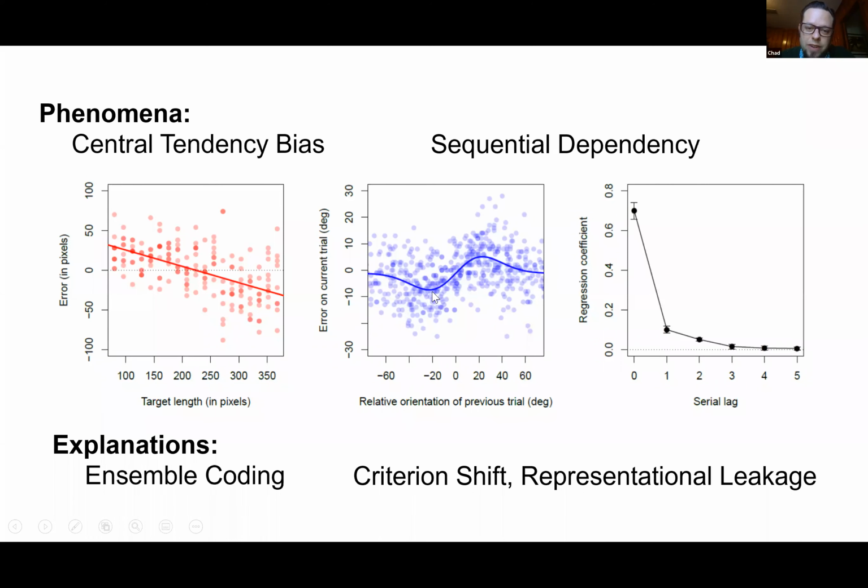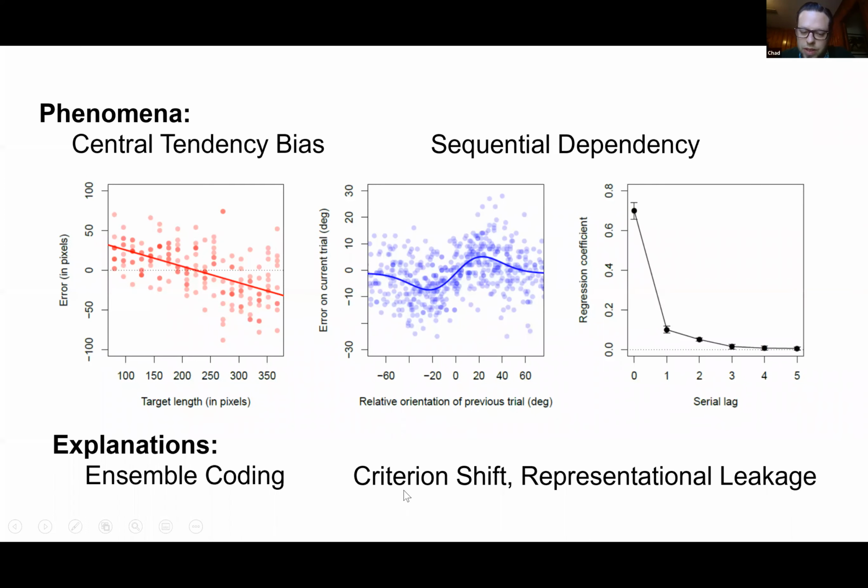And it's also looked at a lot in the memory literature, where they use a regression analysis, and you find that the stimulus one trial back and two trials back carries some weight in predicting the response. And so there are really two explanations for this. One is criterion shifting, and the other is representational leakage. Usually when the criterion shift model, which is a signal detection model, and again, details are not that important for this talk, is tested, they're not using recall tasks, but recognition yes/no tasks.